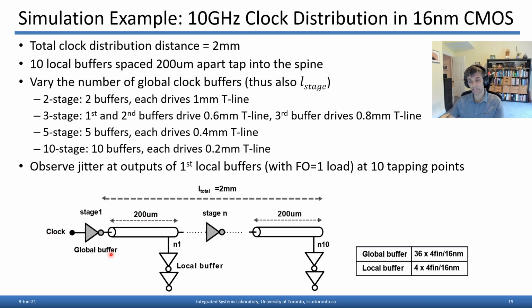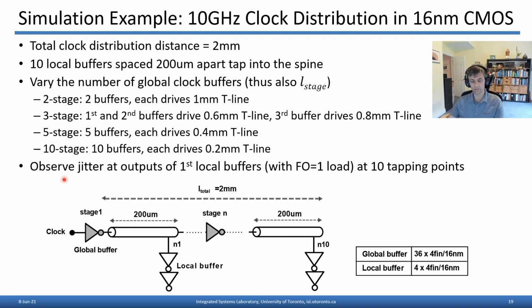Now, when we're designing the global clock distribution network here, we have some choices. We can either have fewer buffers, each distributing across a longer distance, or more buffers repeating the clock more frequently. So in these examples, when we talk about having only two stages, we've only got two buffers, and each one drives a 1 millimeter interconnect, or we can have 5 stages, each one driving a 0.4 millimeter interconnect, or 10 stages, each driving a 0.2 millimeter interconnect, and so on.